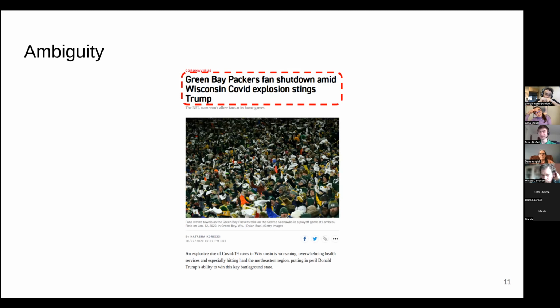Does anyone want to venture a guess of what this is supposed to mean? No? All right, in a couple slides, I'll give my best guess as to what this is intended to mean.